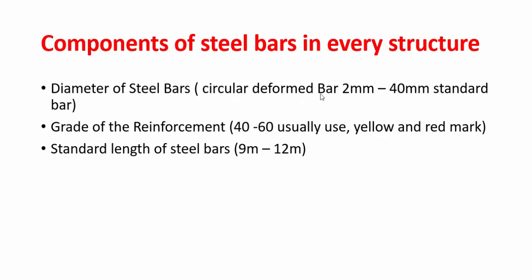Why do we call this diameter? Because nowadays in the market, a circular steel bar is used, also called deformed. Deformed means the surface of the steel bar is not plain, rather it is deformed at different intervals so that it can make a strong grip with concrete.